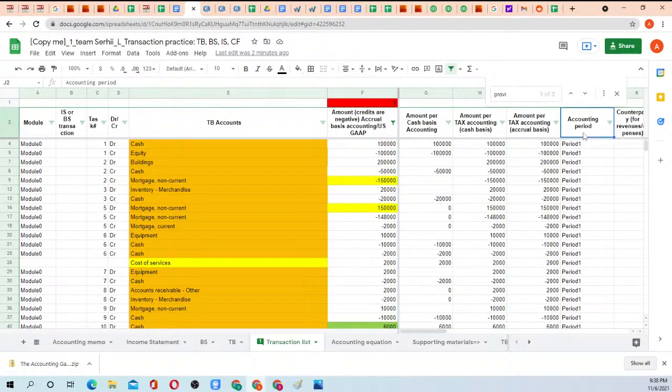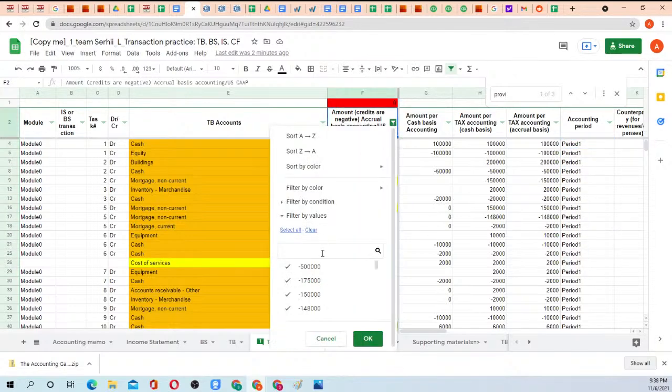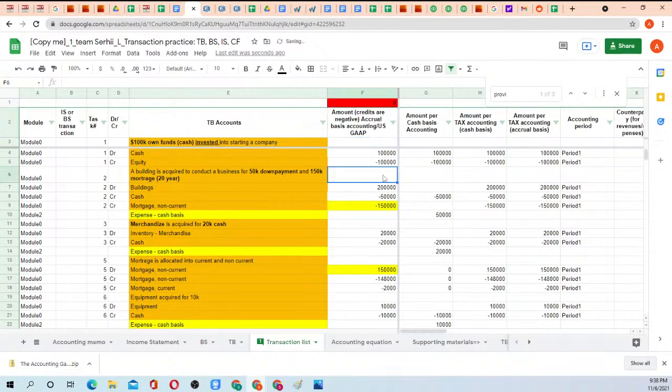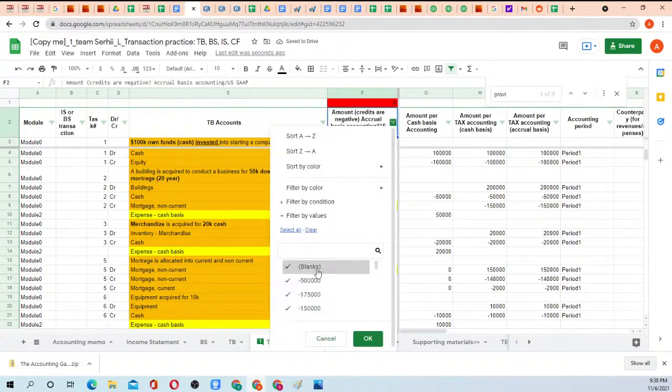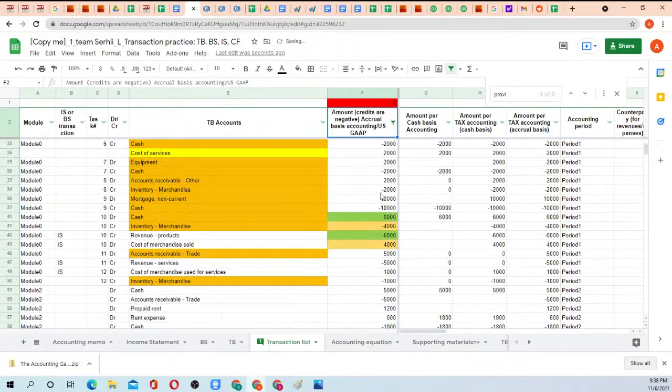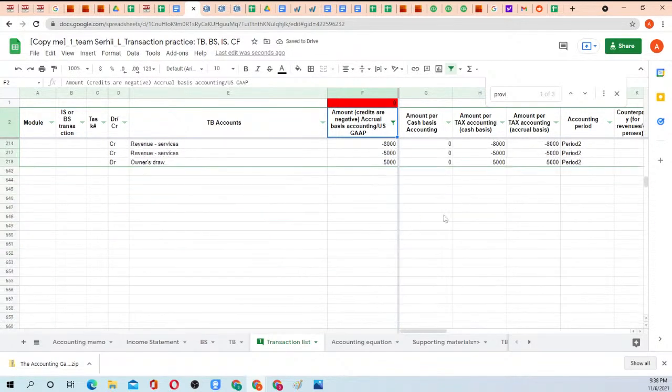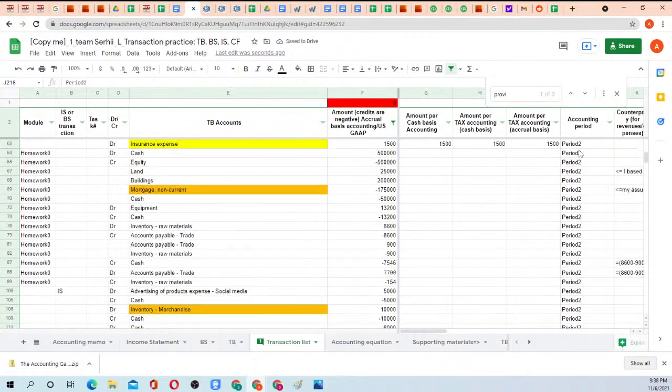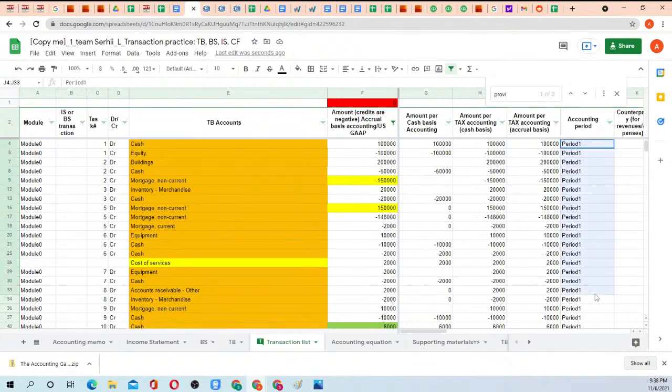Then you make sure that you have proper mapping for the accounting period here. So for that reason, I just select only items here. So I do not select blanks. I only select items here, values. Okay. And then I make a mapping for period 2 and period 1.